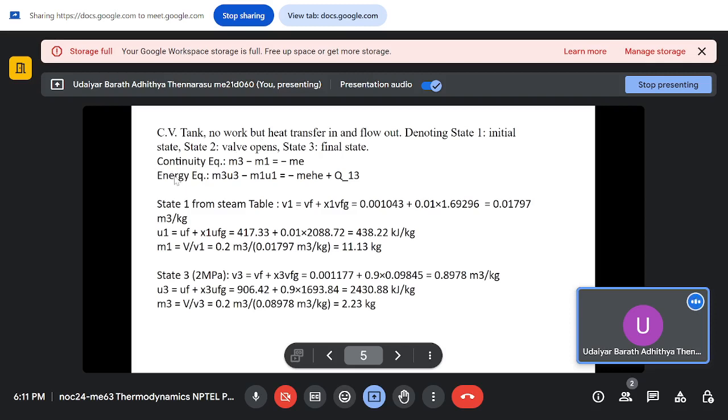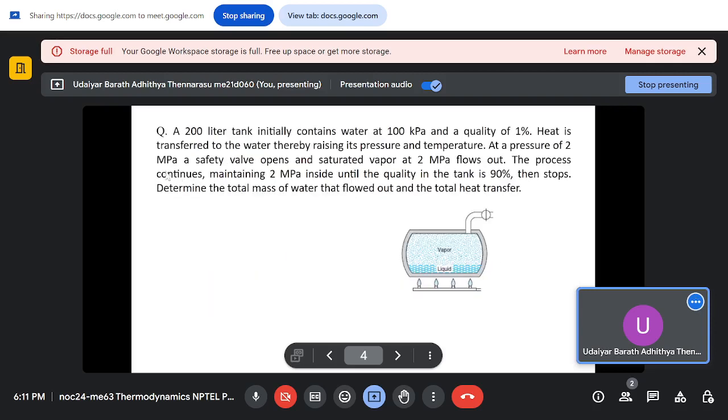So when you apply the continuity equation, initially the tank contains some mass m1. At the end state, the mass in the container is m3. Between state 1 and 2 there is no mass transfer because the valve was closed, and between 2 and 3 the valve is open and some mass leaves.